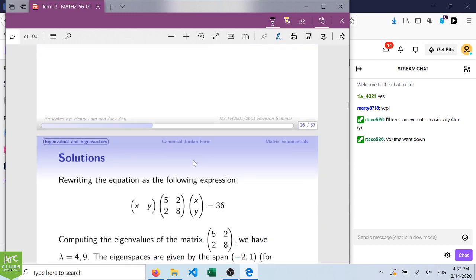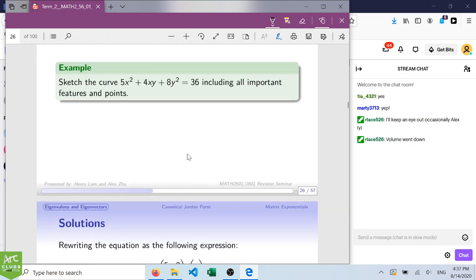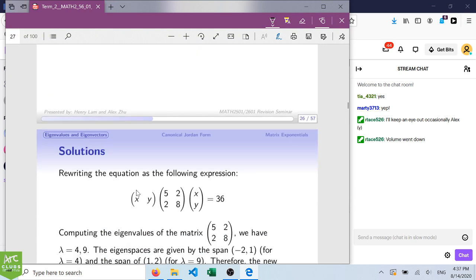How we're going to do that is reframe this question and translate the expression 5x squared plus 4xy plus 8y squared into a row vector times the matrix times a column vector. If you check the dimensions, that's 1 by 2, 2 by 2, 2 by 1, so you end up with a 1 by 1 expression.